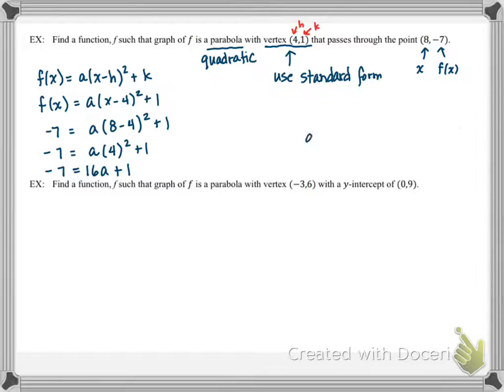If you put it in front, then it looks more like what we're used to solving, right? We subtract 1 and then divide by 16. So that gives us negative 8 equals 16a.